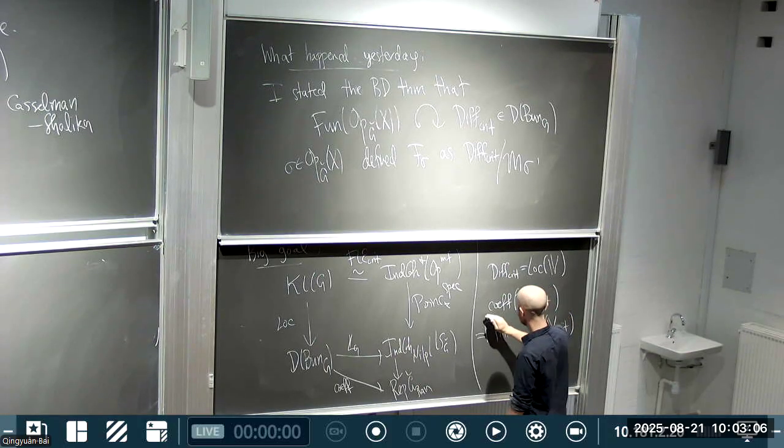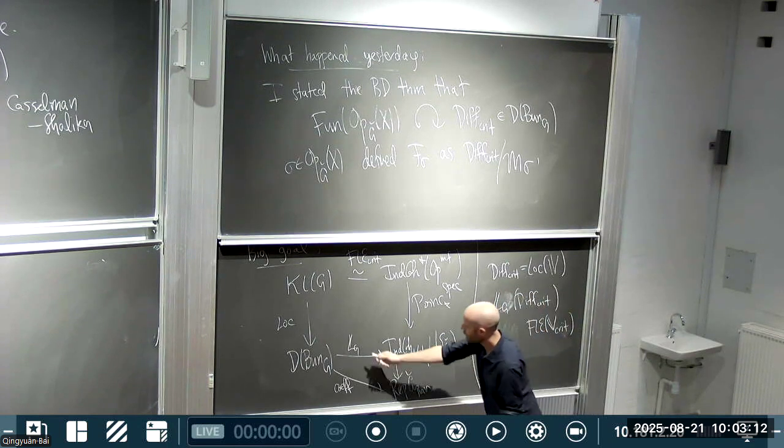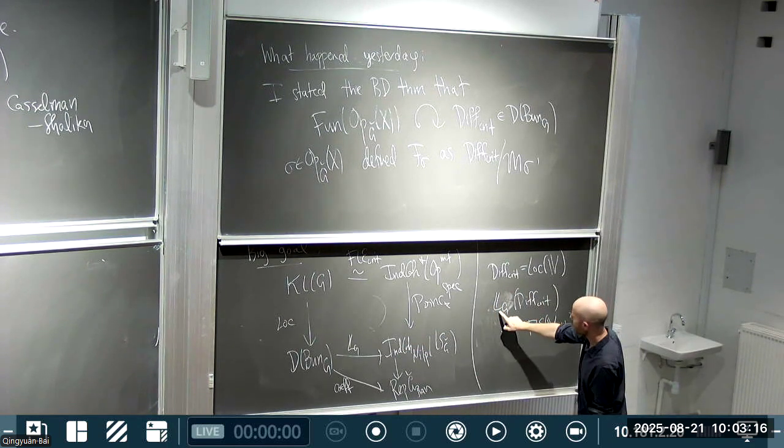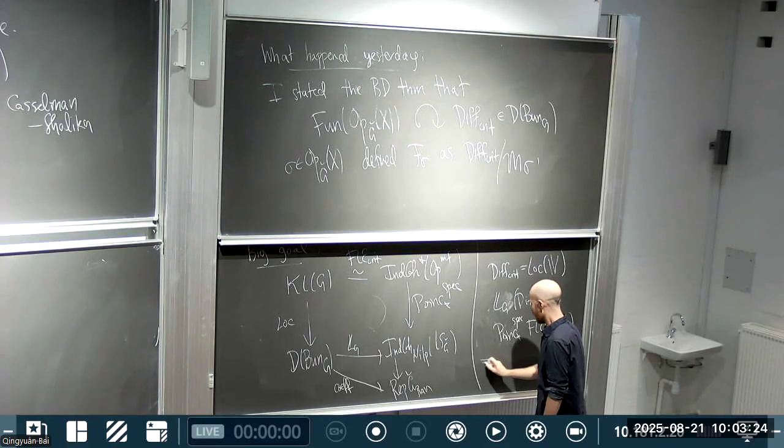Actually, I'm just going to do it in one shot. Let's just do this L_G. I said coefficients, and it's something more. You're saying something more refined with this diagram. So we're asking where this diff crit goes under the Langlands functor. This diagram says it goes here, and this points back.